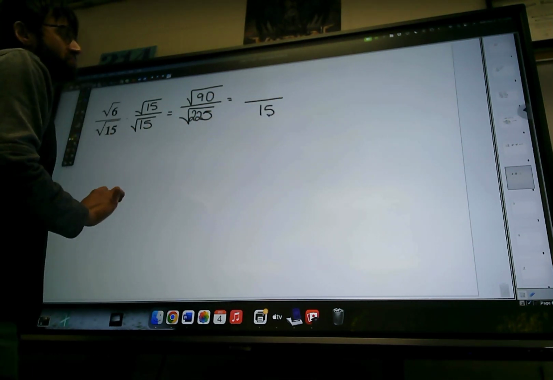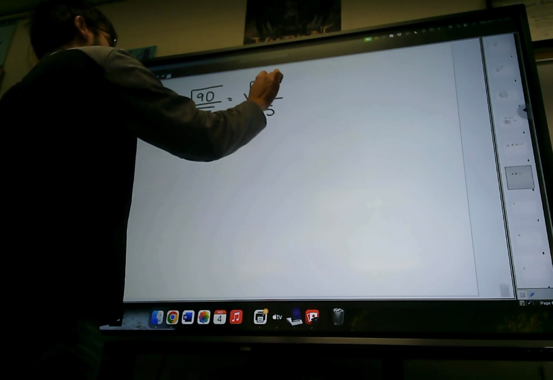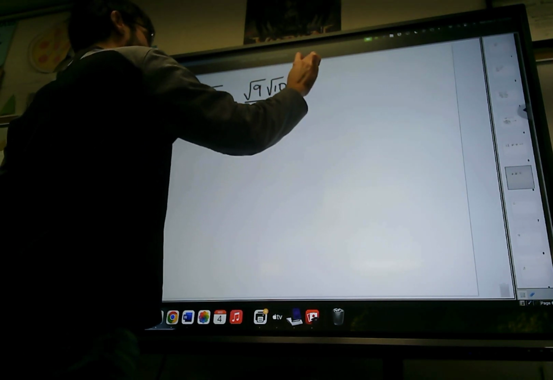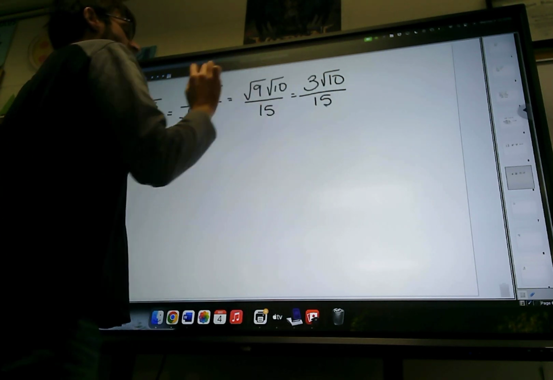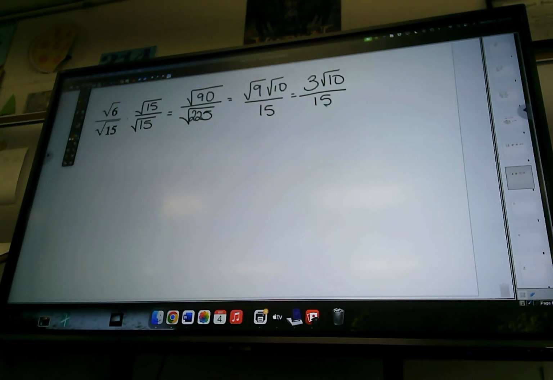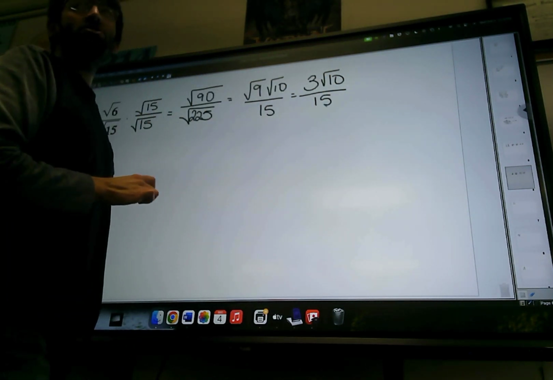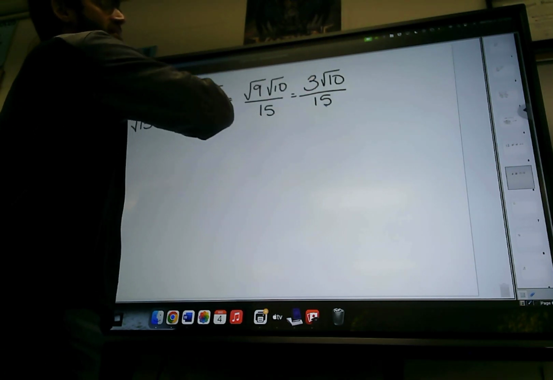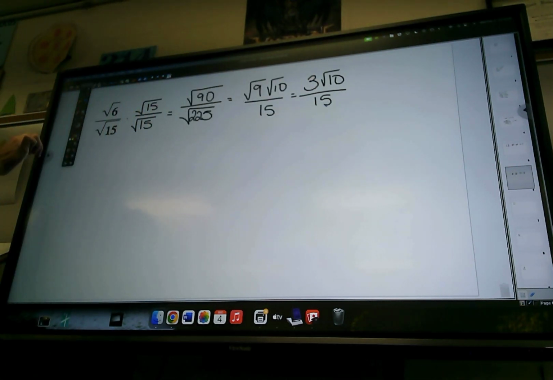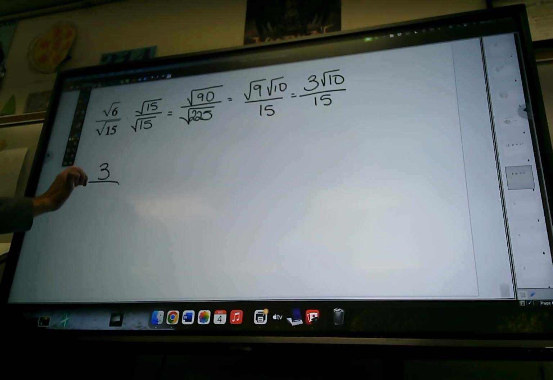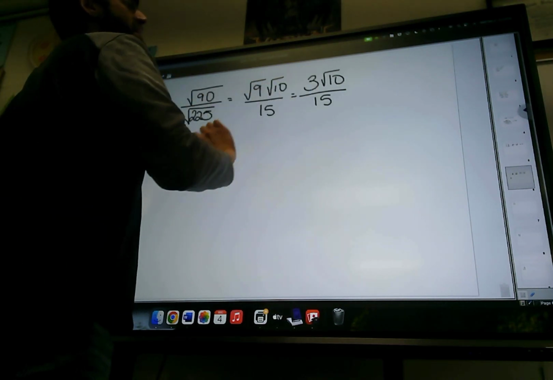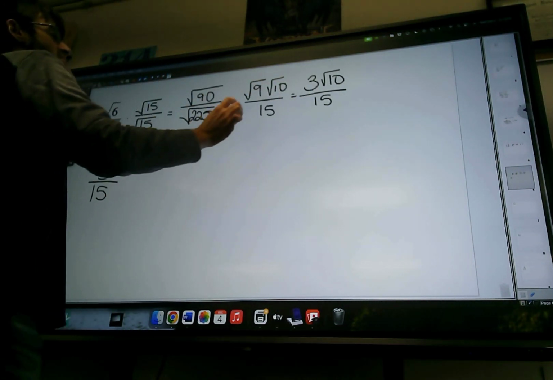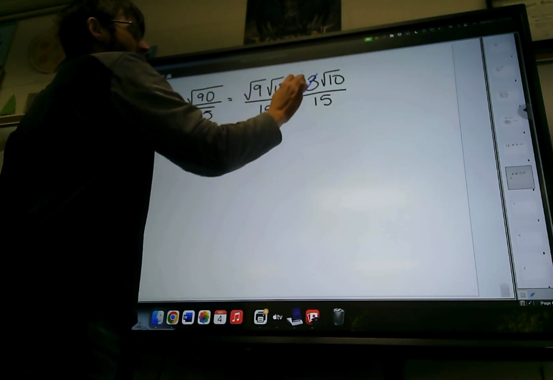And then I'm going to reduce the numerator. Square root of 9, square root of 10. So I have 3 square root of 10 over 15. Now I've got to reduce this fraction. Can I reduce that fraction here? Absolutely. I can divide by 3.